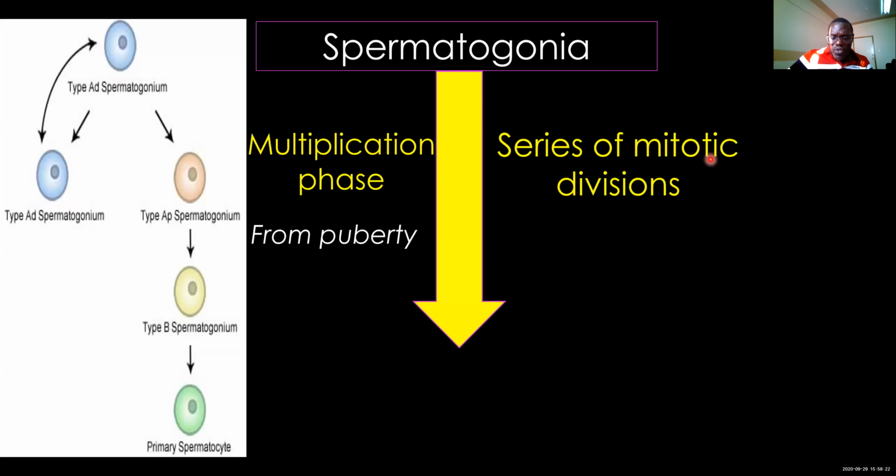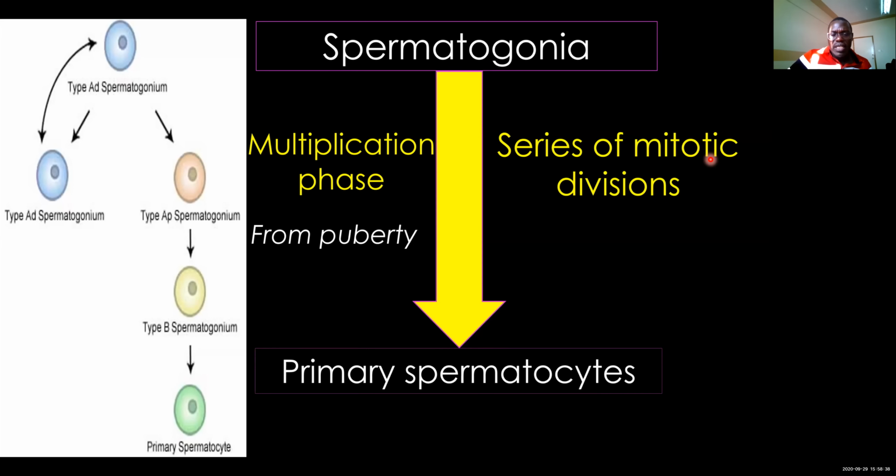This process, as I've told you, starts at puberty. So it means that before puberty, the testis just contain spermatogonia. But at puberty, mitosis begins. Several series of mitotic divisions will lead to formation of what we call the primary spermatocytes.